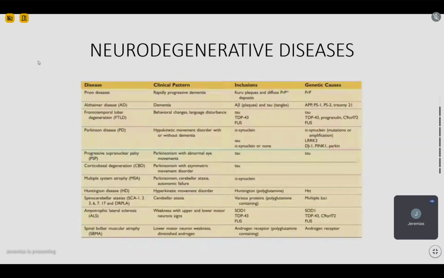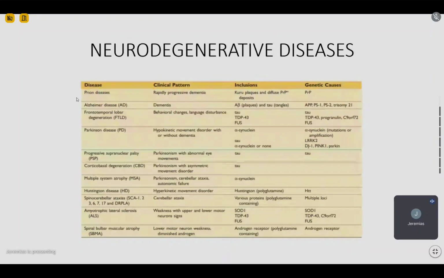Also, we have neurodegenerative diseases. These neurodegenerative diseases are disorders characterized by the progressive loss of particular groups of neurons which often have shared functions. The pathologic process that is common across most of the neurodegenerative diseases is the accumulation of protein aggregates.